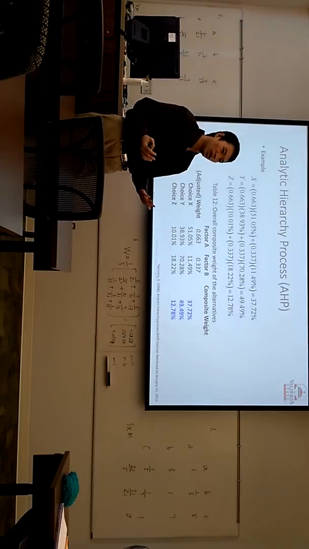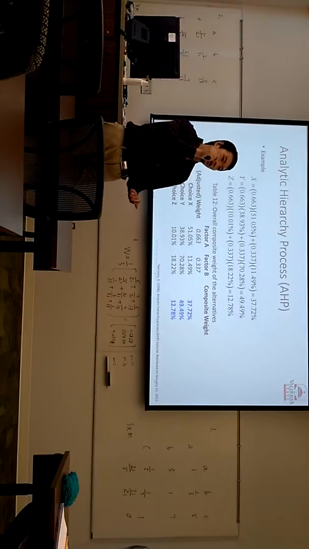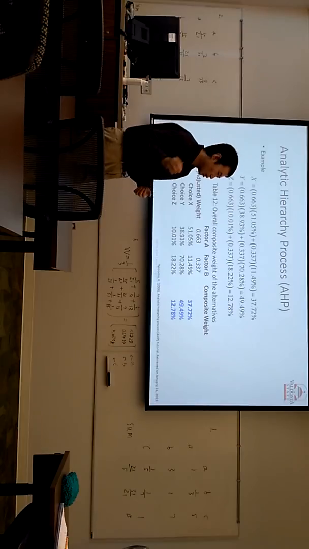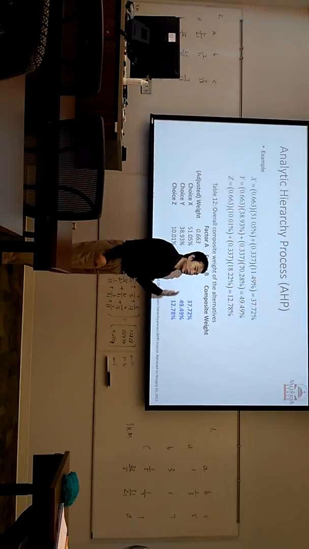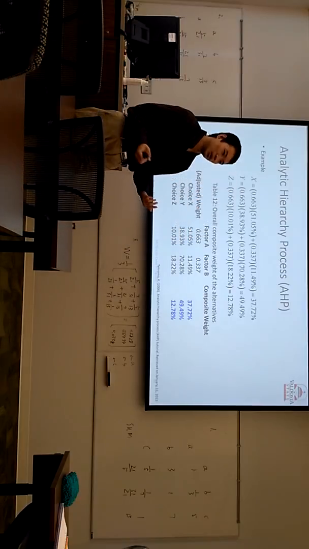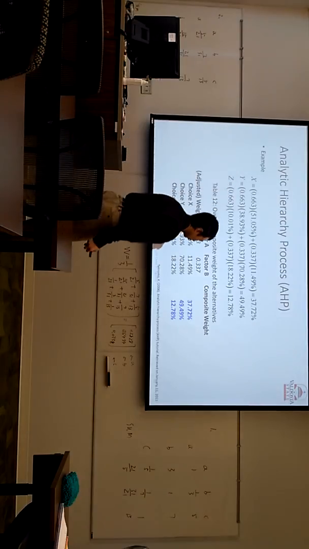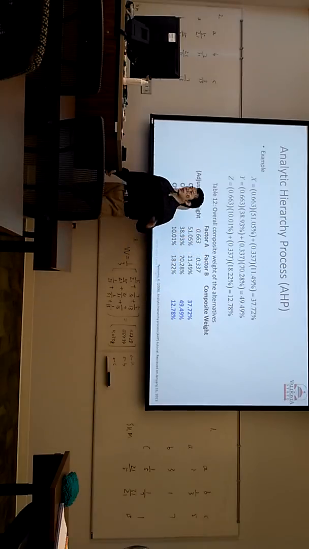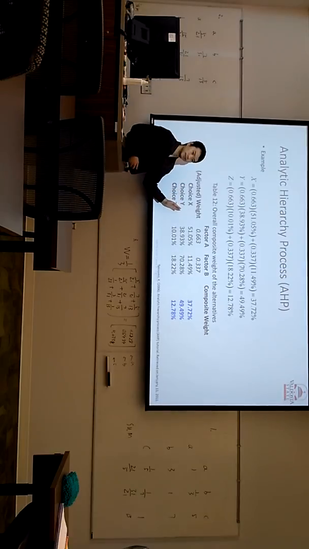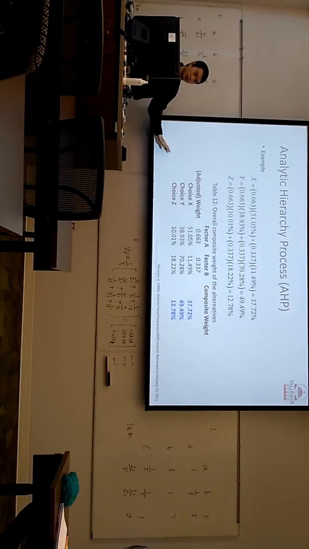But are we certain that it's exactly 7 or about 7? Sometimes we have to use the fuzzy number. And they also developed another ANP. So there are a lot of versions for this, but this is the basic AHP approach. Any questions?